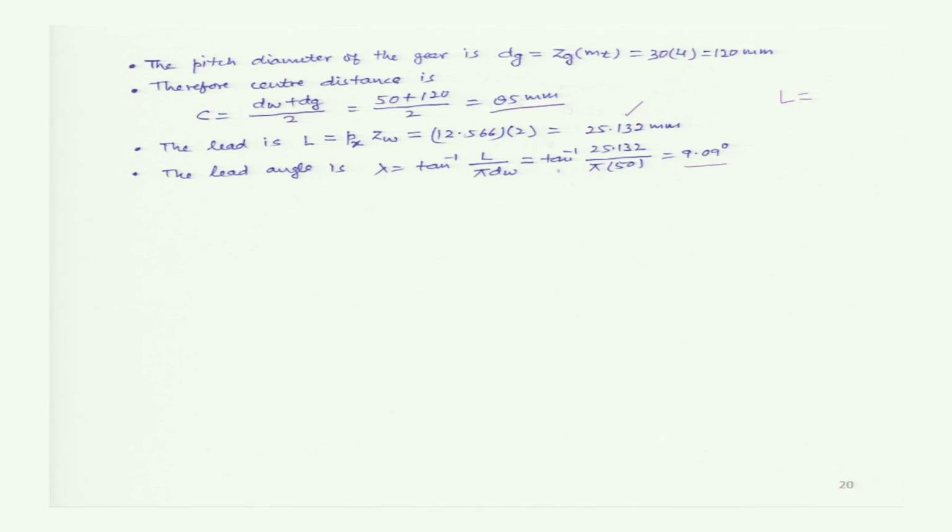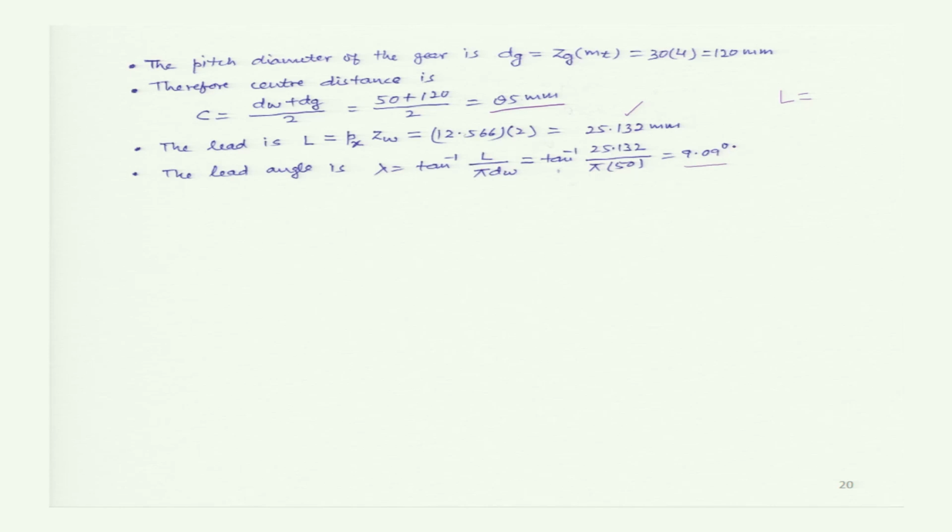The lead L is equal to Px multiplied by the number of starts on the worm. Px, which we just obtained, is 12.566, multiplied by 2, so the lead is this one. The lead angle will be tan inverse of L divided by pi dW.